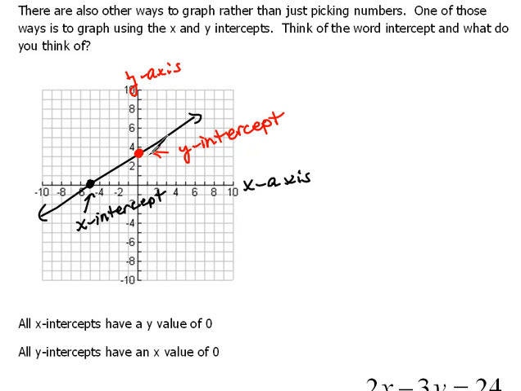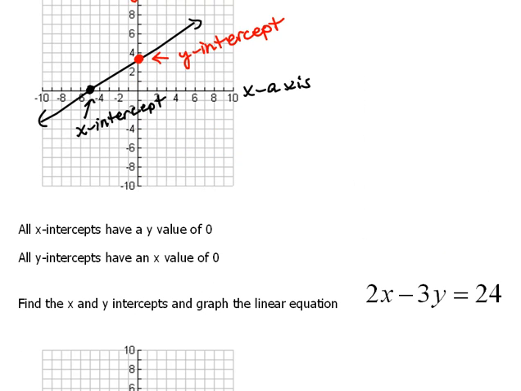Now, the reason that we can use these important things is because every single x-intercept has a y value of 0. If you think about it, every single point along this x-axis, this point would be the point (6, 0). This would be the point (2, 0).